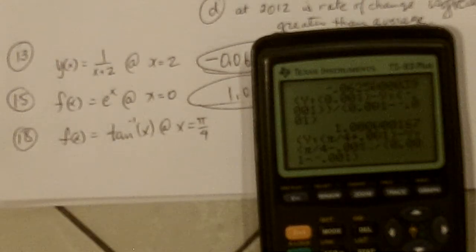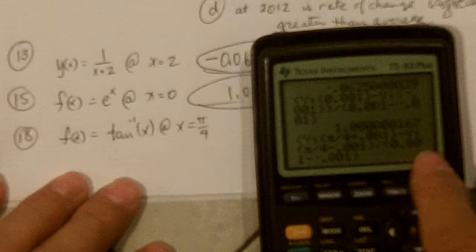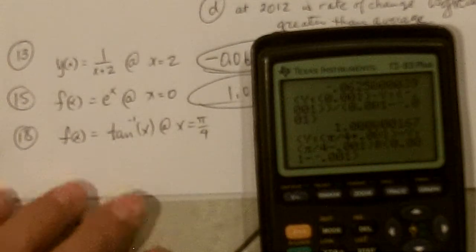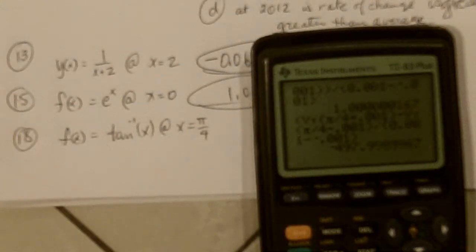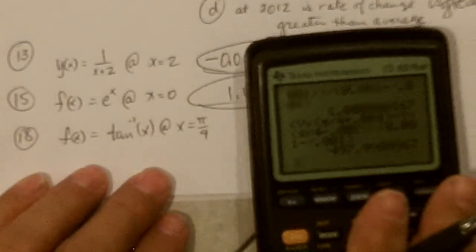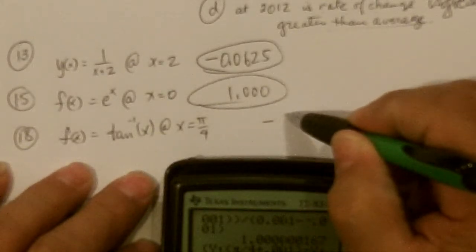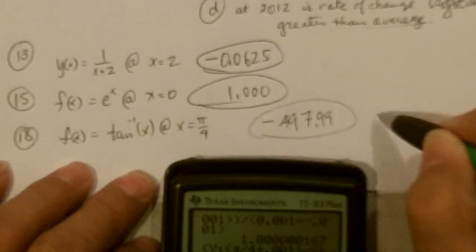So I want pi over 4 plus 0.001, so 1,000th past it, minus 1,000th before it, and down here it's going to be the difference between 1,000th and 1,000th, which is 2,000ths. I can leave it like this, or I can put all that pi over 4 stuff. The pi over 4's cancel, and it becomes same as what I got there, so I press enter, and I find that the slope is really big, about negative 497.99, almost negative 500.